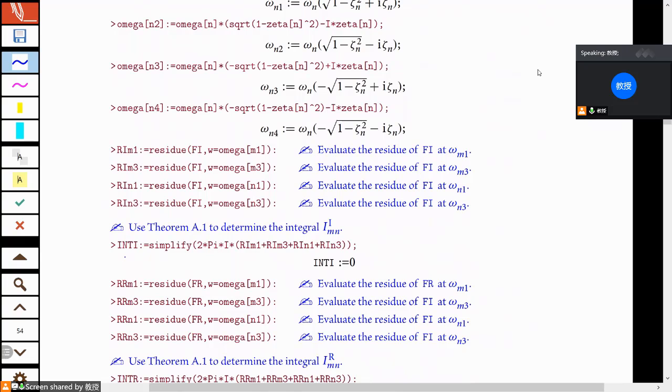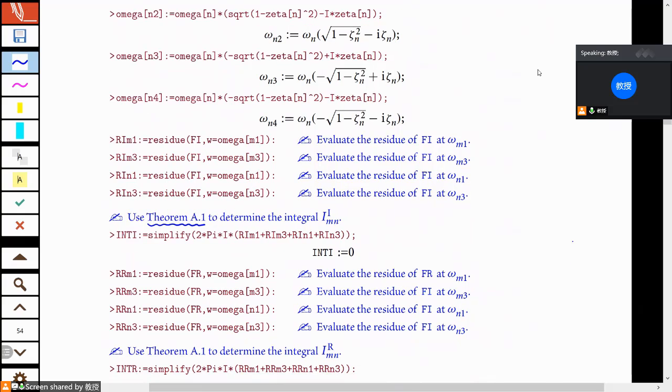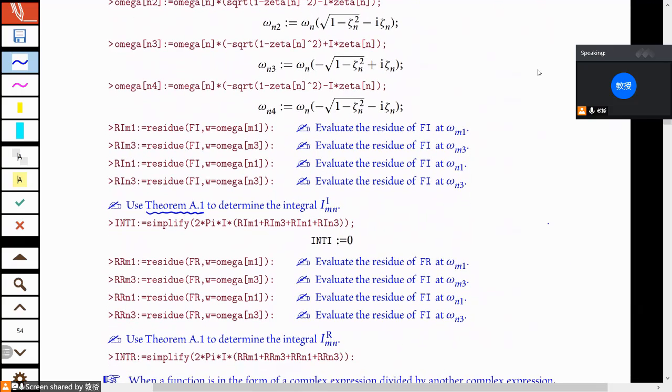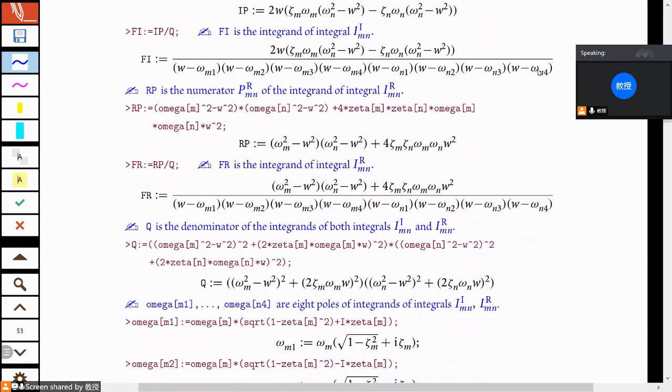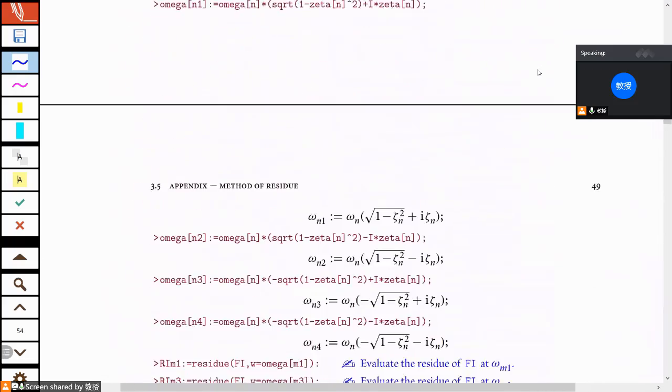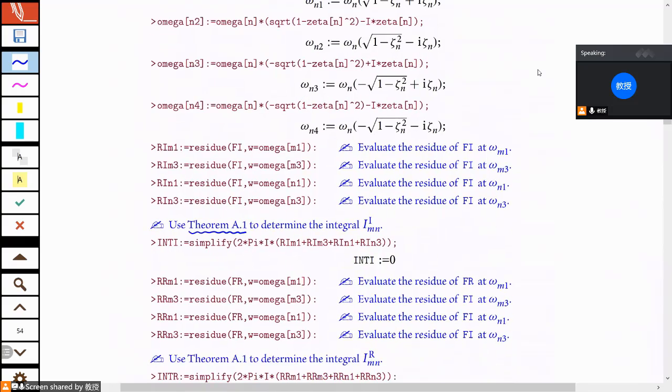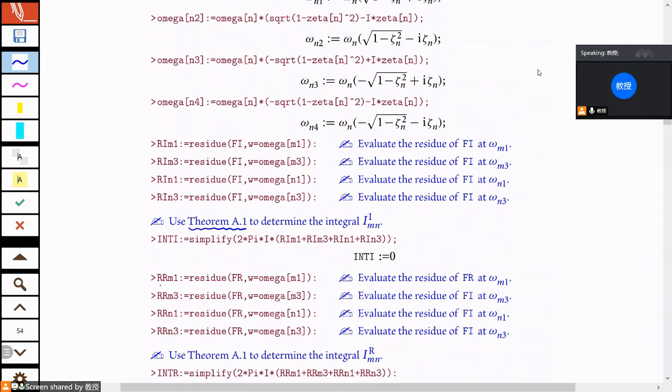Then we use theorem 8.1, or the theorem of residue, to evaluate the integral. So we need RM1. Where's RM1? Yeah, RM1 is here.